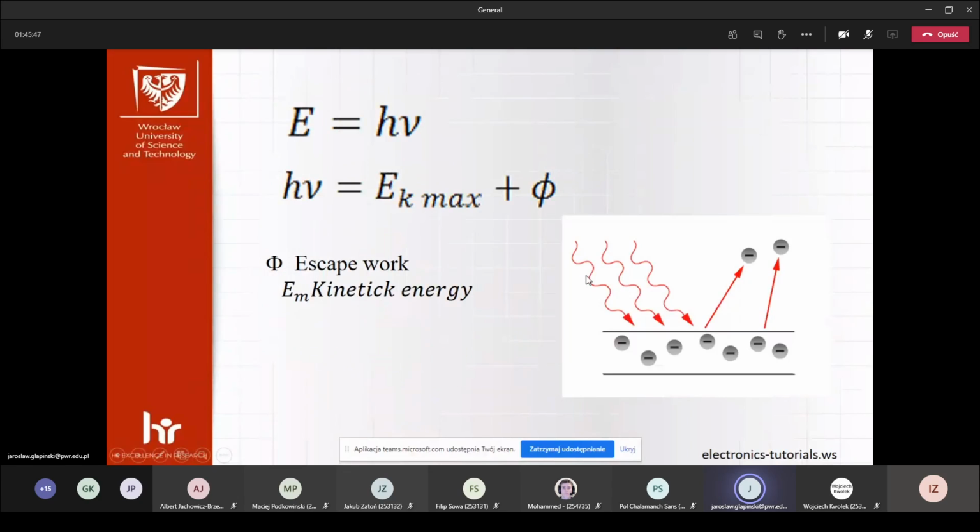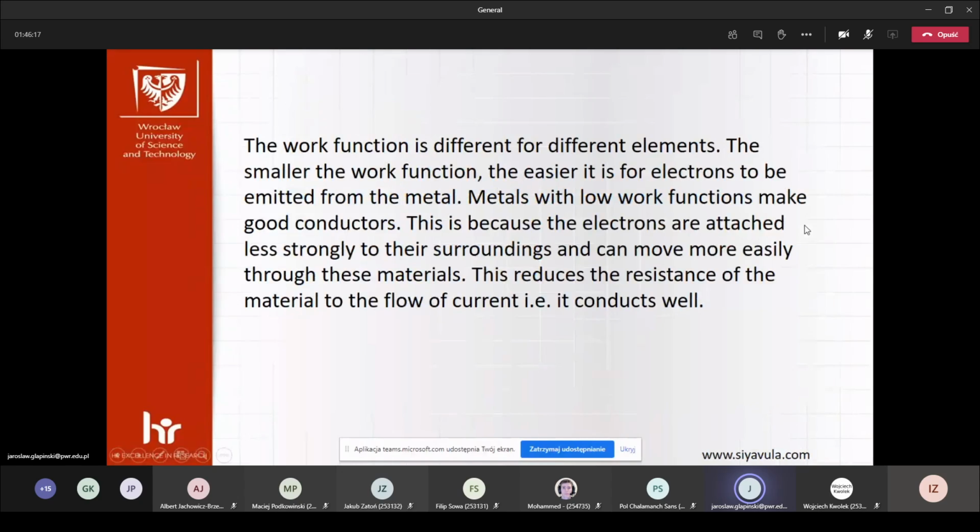Generally, you remember the escape work. It is needed to release the electrons out of the surface. If we relate it to the Planck constant and the energy of photons, and the energy is enough to release the electrons out of the surface, we can say that we've got an electric transition. Of course, the work function is different for different materials.